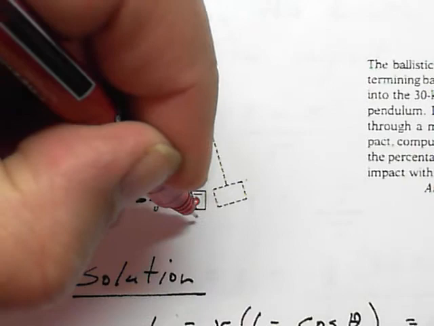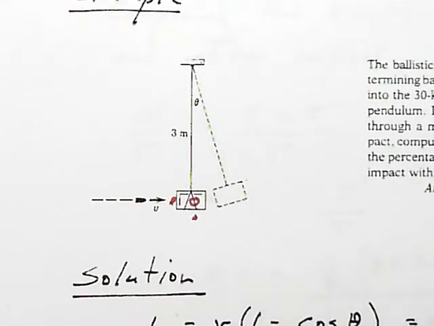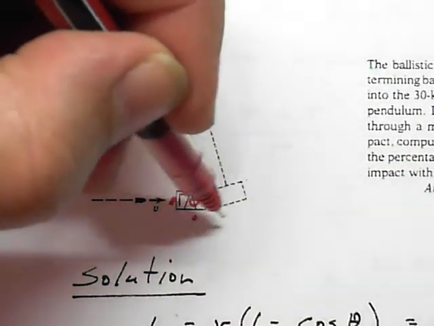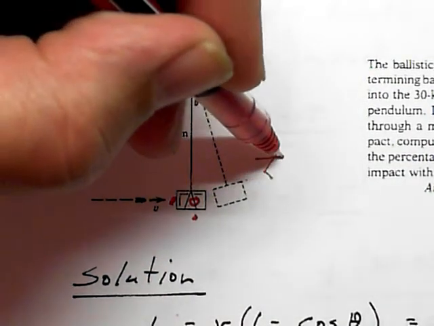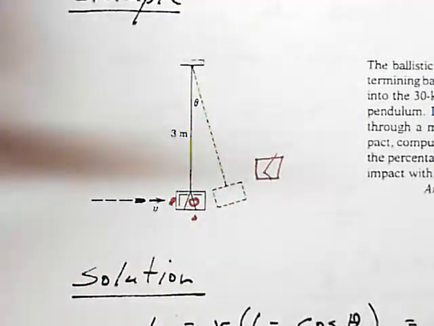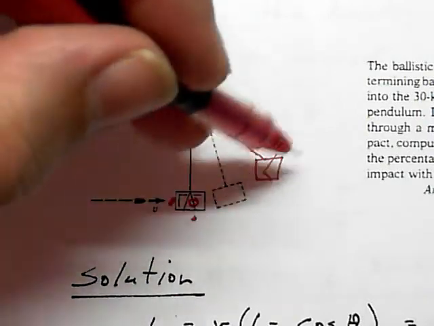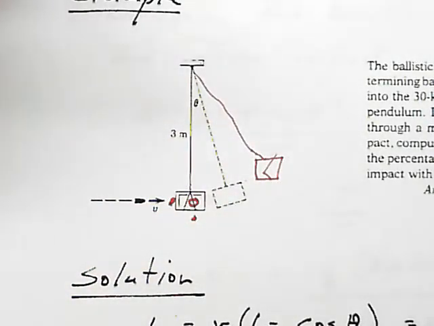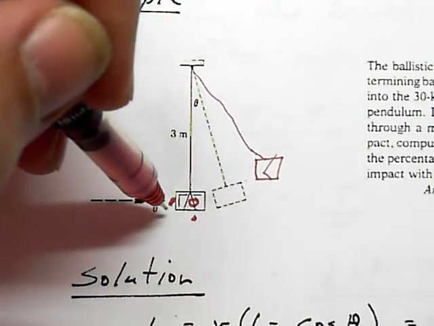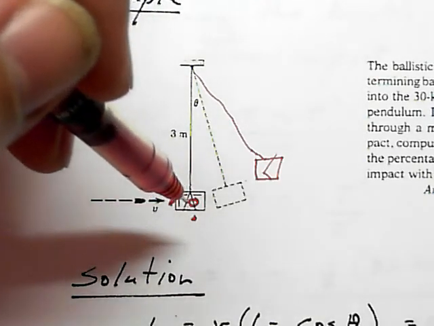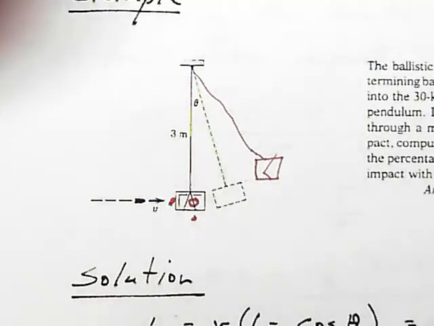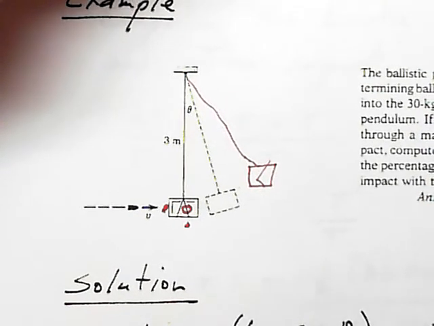So that will be the other stage, bullet buried in box, but the box hasn't traveled any distance yet. Then the final stage will be box reaches the top of its swing, really horizontal, not rotated. And we can say something about how high the box has gone based on the velocity that it acquired here, because as the bullet buries itself inside, the box will acquire some velocity. That's the physics of the problem.